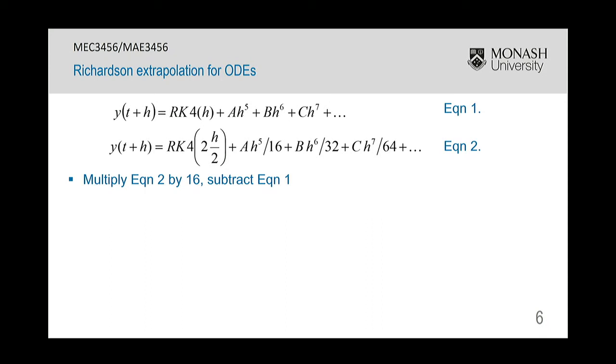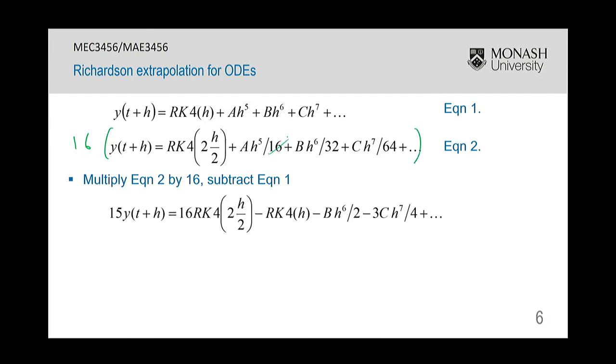If we multiply equation 2 by 16 times all of that, it's going to get rid of that term there. And then we subtract equation 1, we end up with 15 y of t plus h is equal to 16 times the RK4 estimate using 2 small step sizes minus the RK4 estimate using a step size of h minus a new error term which now scales like h to the 6th.